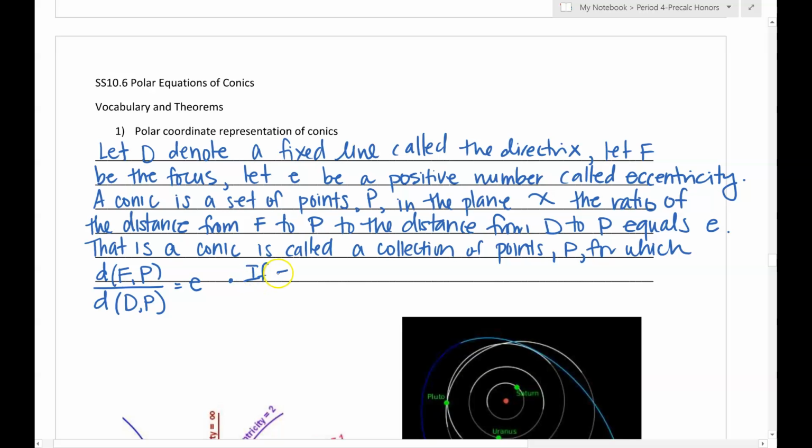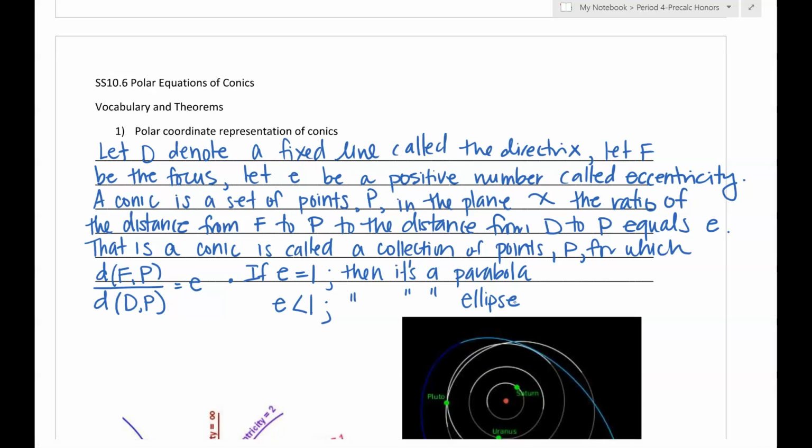If E equals 1, then it is a parabola. If E is less than 1, then it's an ellipse. Okay, an ellipse is very similar to a circle, and in a little bit we'll look to see how they are related.